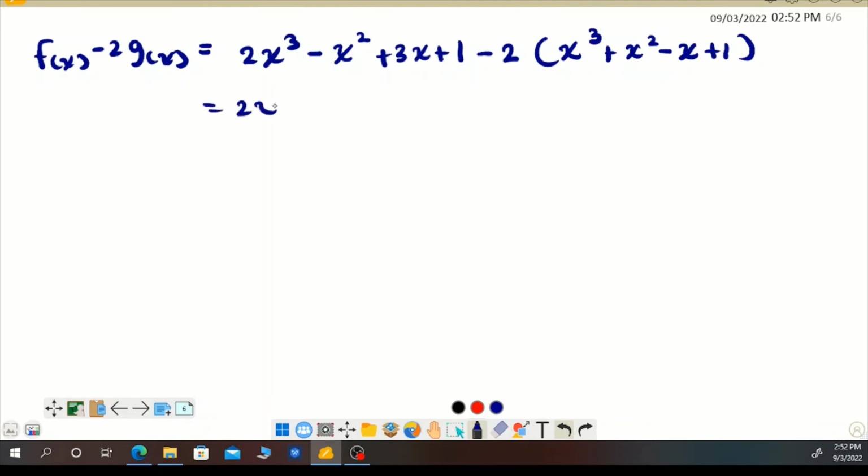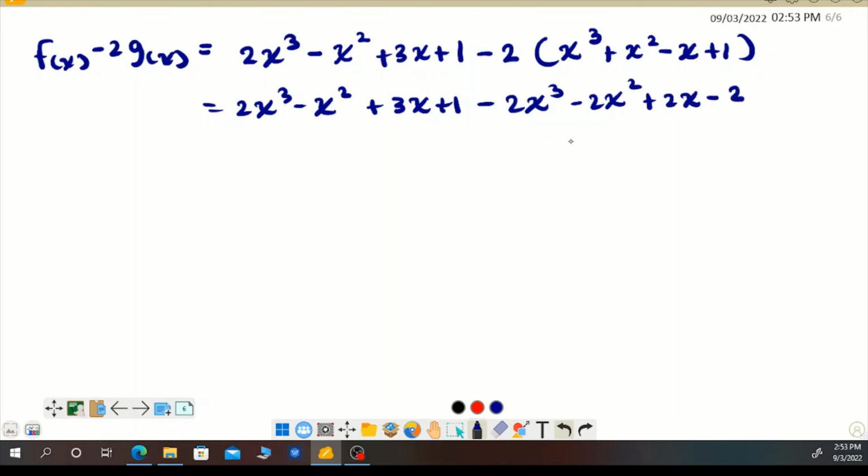Here I can get 2x cube minus x squared plus 3x plus 1 minus 2x cube minus 2x squared plus 2x minus 2. So I can cut out 2x cube minus 2x cube, minus x squared minus 2x squared is minus 3x squared, 3x plus 2x is 5x, plus 1 minus 2 means minus 1. This is my fx minus 2gx function.